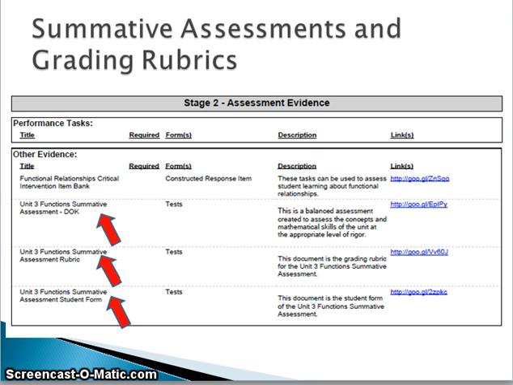The Unit Summative Assessment, DOK, Depth of Knowledge, is the document that includes the assessment items and the corresponding standards associated with each assessment item, plus the depth of knowledge of each item.